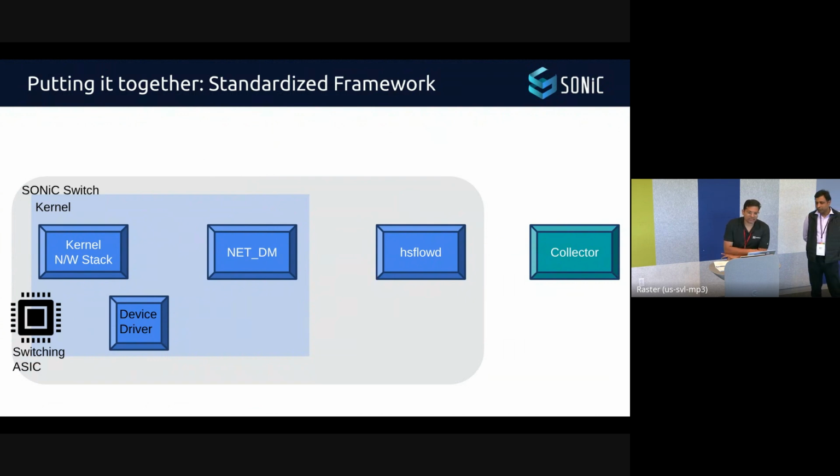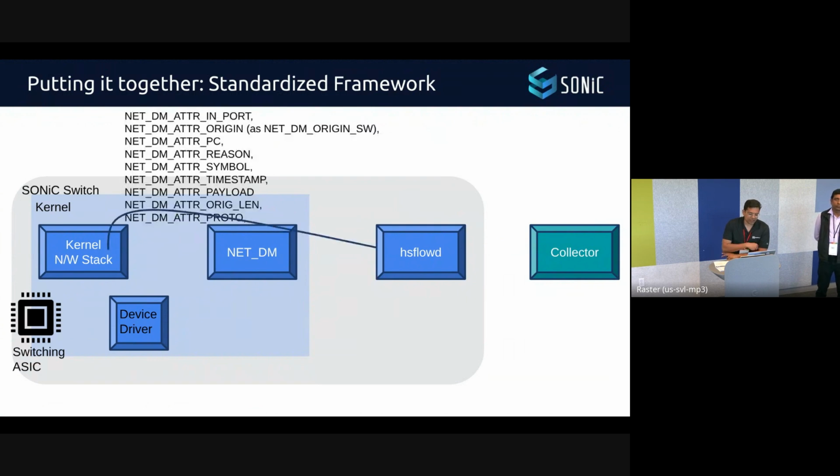SONiC has something called an hsflowd agent that runs inside the sFlow container. So the hsflowd agent will now subscribe to the new generic netlink family called drop_monitor. And when a packet gets dropped in the Linux kernel software stack, the Linux kernel generates a generic netlink message which has all the following information.